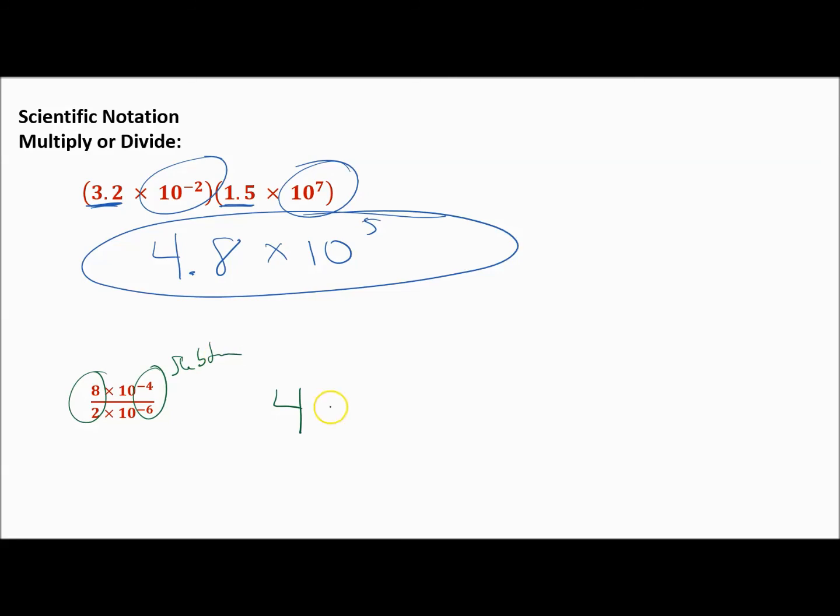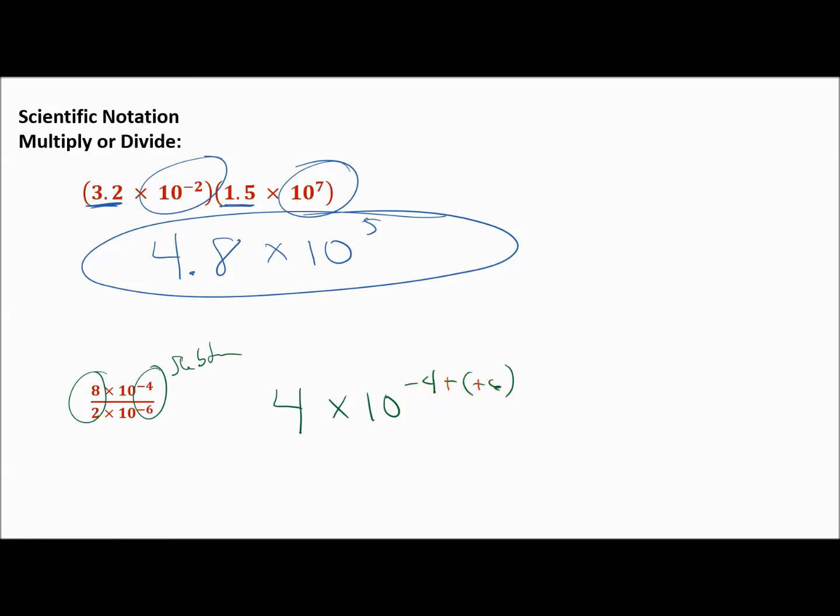All right, so that's going to be times 10, and this is negative 4 minus a negative 6. All right, so think about what's going on. This is negative 4 minus, because you're dividing, a negative 6. So when you work with signed numbers, remember subtraction always changes to addition, and you change the sign of the next number. So keep change, right?